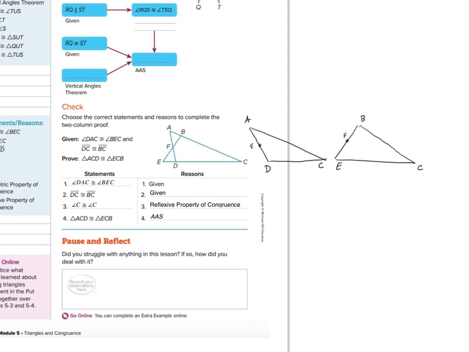Okay, and then I'm not going to worry too much about this, but let's see here. Given that angle DAC is congruent to angle BEC, and DC is congruent to EC, they want to prove that those two triangles are congruent.